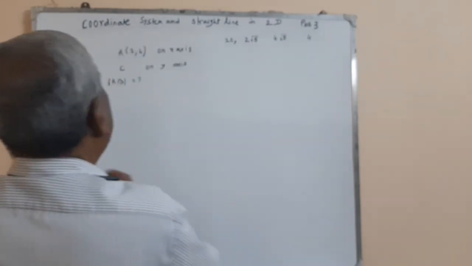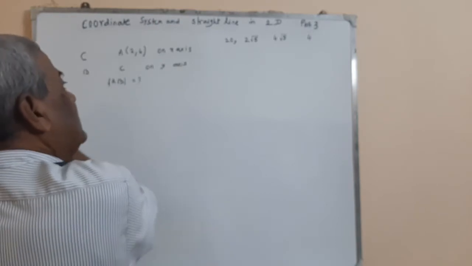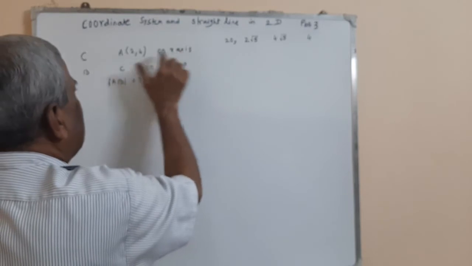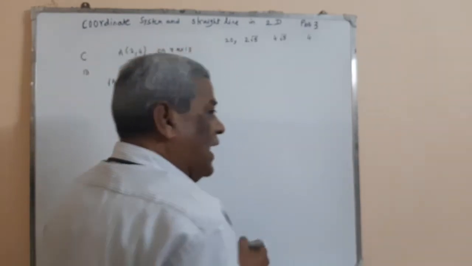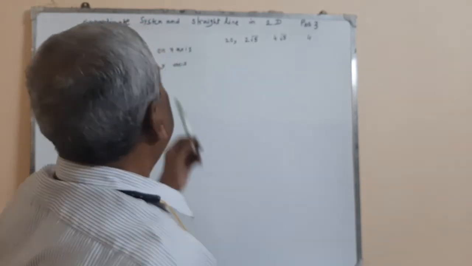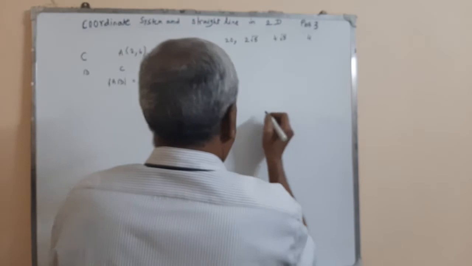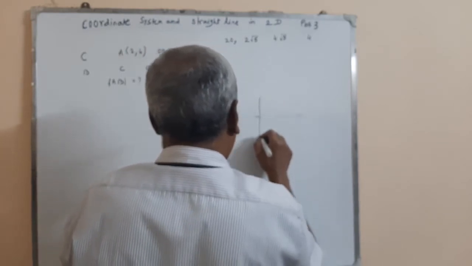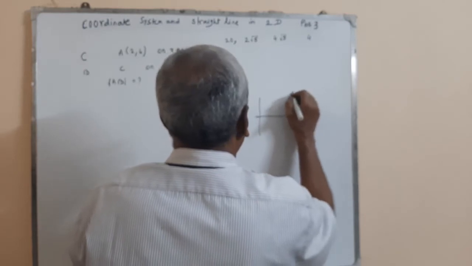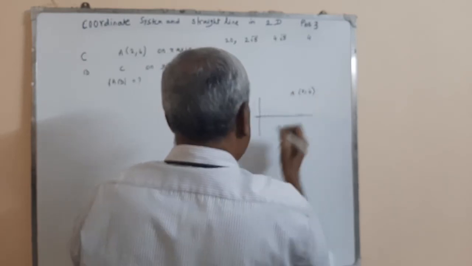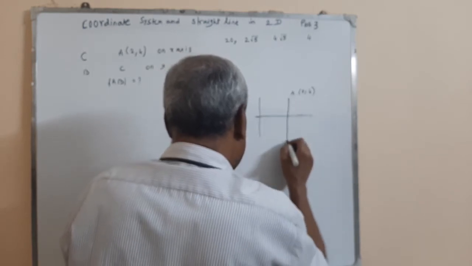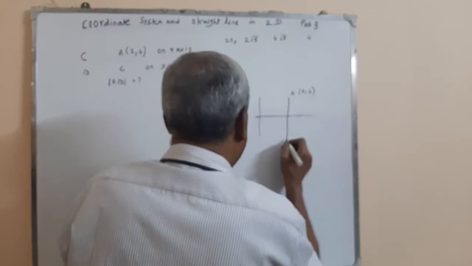So here C is a point, A is a point, its reflection on x-axis is C. I discussed in first part of this series that if A is any point, here it is (2, 4), its reflection on x-axis, actually it is a perpendicular line.